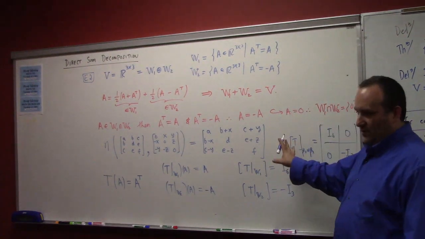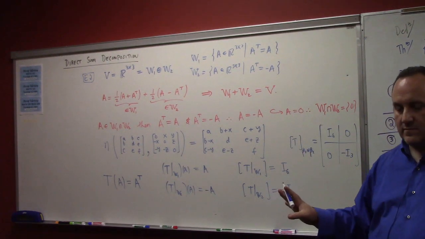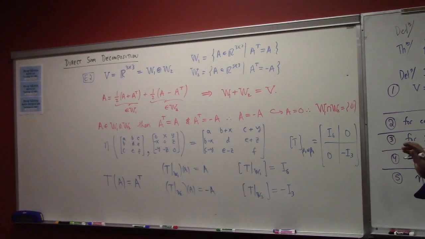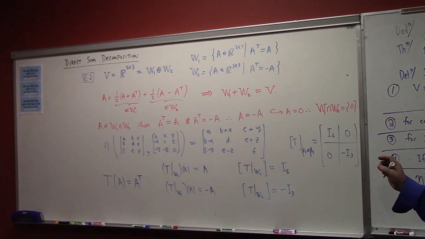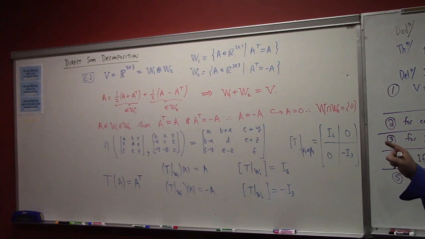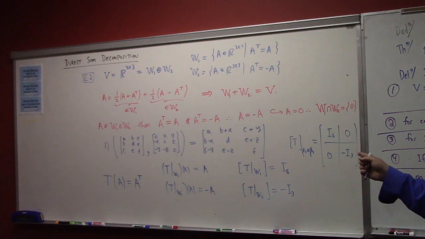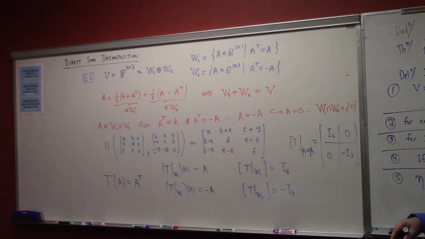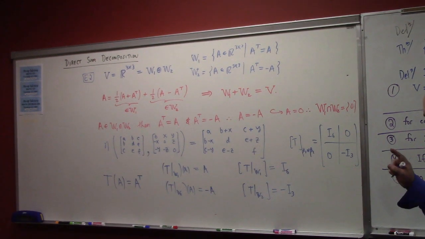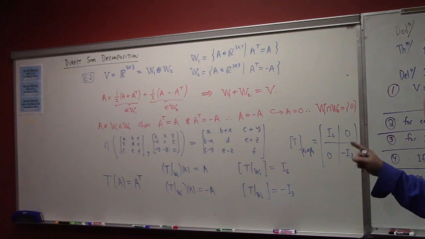It actually doesn't matter what you make the basis for W1. In this rather special case, you're going to end up with the identity matrix there and minus identity matrix there, because the identity transformation has the same matrix in any choice of basis, and the minus identity as well, because we're using the same basis in the domain and the codomain.